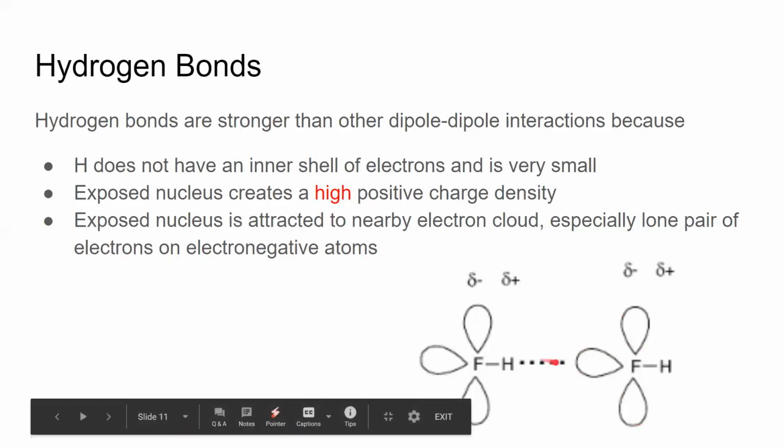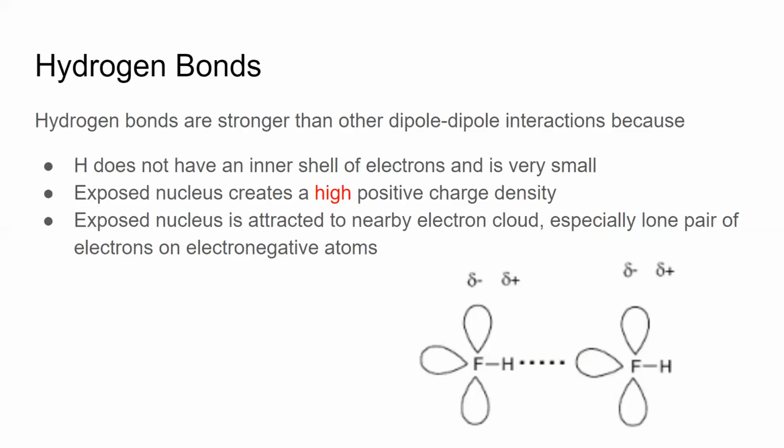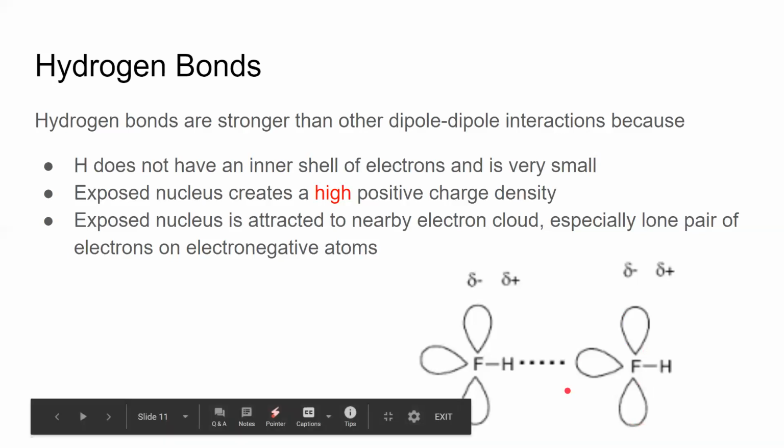Again, we're not sharing electrons, but a strong positive and a strong negative charge pull them together, creating a fairly strong bond. Not as strong as ionic or covalent bonds, but still relatively strong compared to other intermolecular forces.